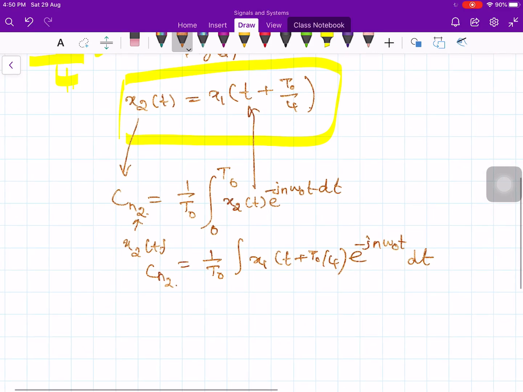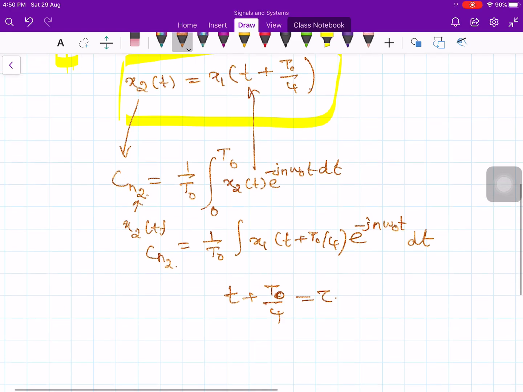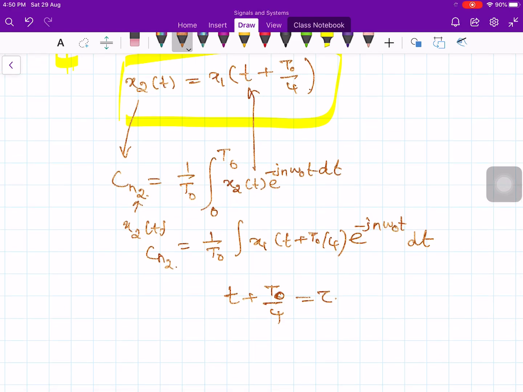Now let us rearrange this. In order to relate Cn2 with Cn1, let's make the identification that t plus t naught by 4 is tau. Here the lower limit is 0 and the upper limit is t naught. When t equals 0, then tau equals t naught by 4.